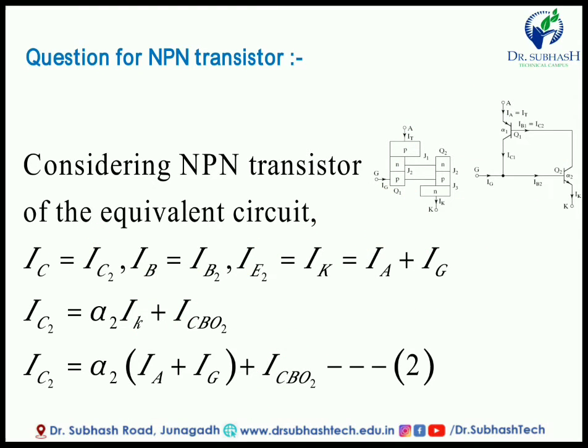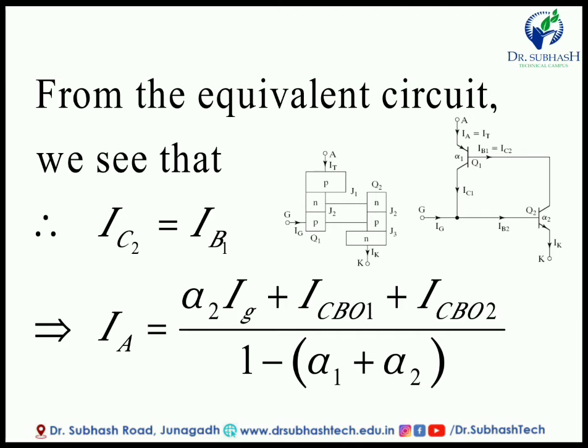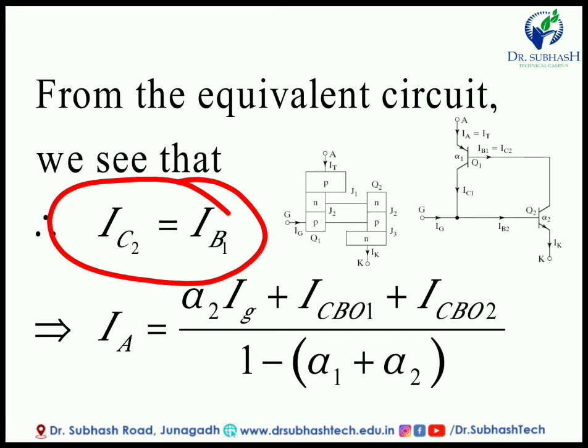Now we have got equation number 1 and equation number 2. From the equivalent circuit, we see that IC2 is equal to IB1. Here the collector of transistor 2, this terminal, is directly connected to the base of transistor 1.